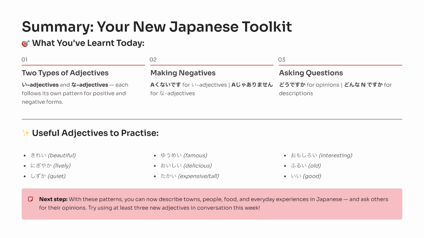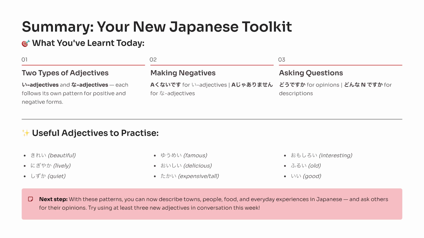Finally, you've expanded your vocabulary with many useful adjectives including きれい、にぎやか、静か、有名、おいしい、高い、面白い、古い、and いい。These words will help you describe places, people, food, cities, experiences, and many other things in everyday Japanese conversations.